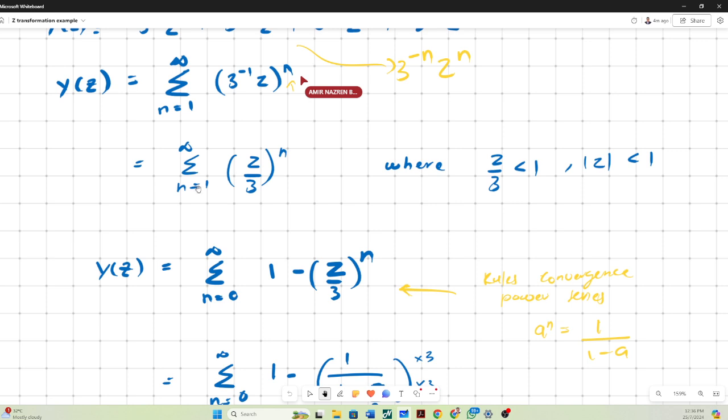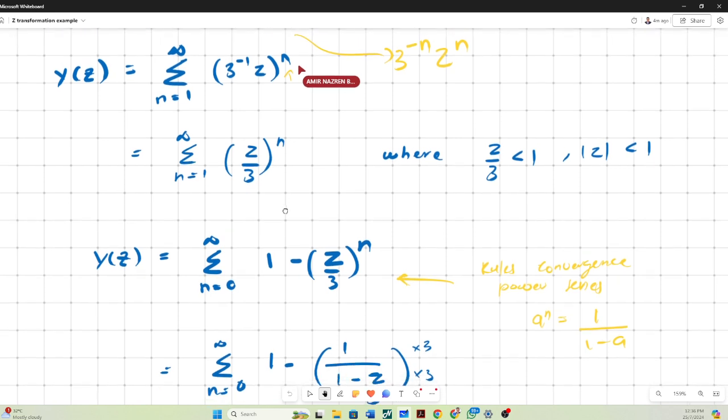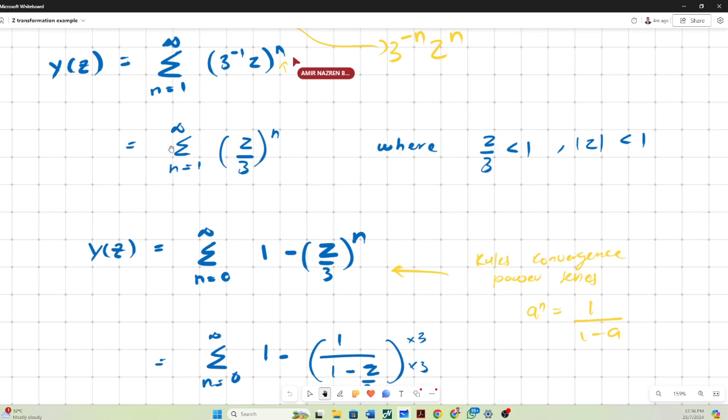Okay, we know that our signal happens when n equals 1 until infinity. So the signal is (z over 3) to the power of n. So it is still not normalized. If we want to normalize, we need to start from n equal to 0. When n equals 0, we assume that the signal is 1, the amplitude 1.